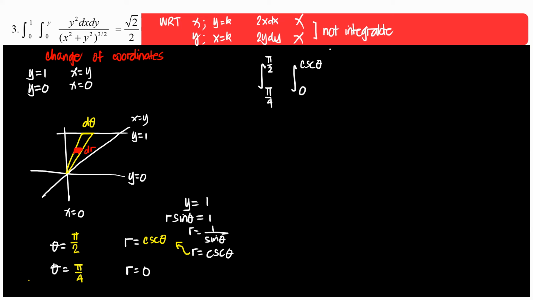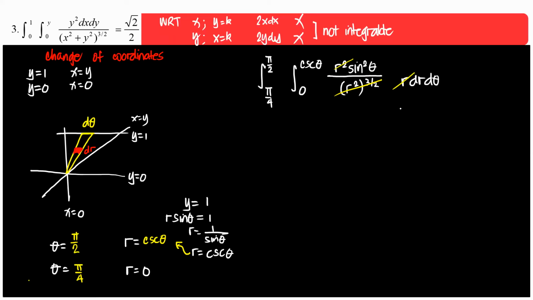Now, if it's y squared, it's r squared sine squared theta. And then dx dy is going to be r dr d theta, all over x squared plus y squared to the 3 halves. That's r squared raised to 3 halves, so this is going to be r cubed. So the whole r just cancels out.